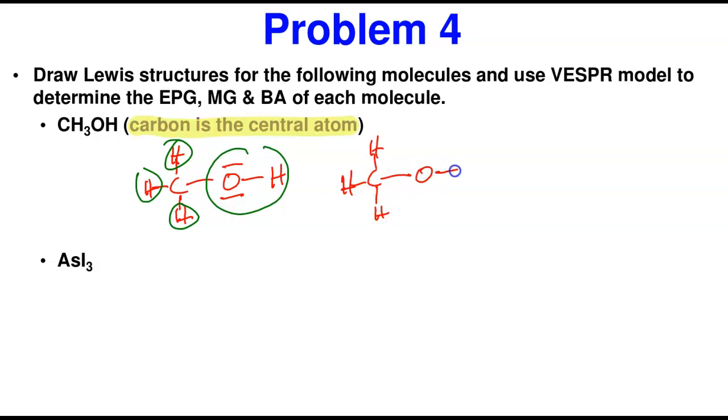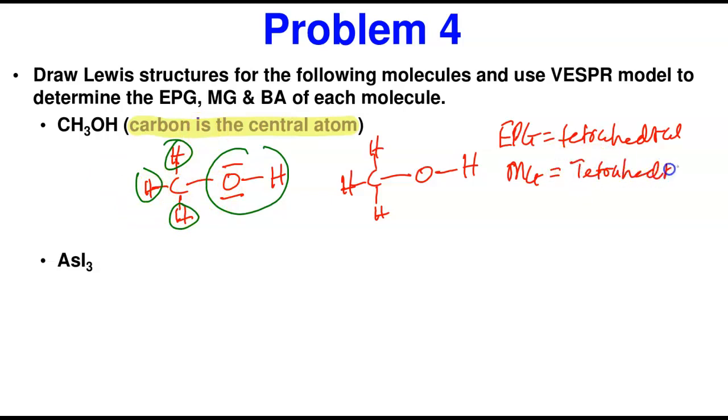There are 4 things attached to it. The molecular geometry, because there's no lone pair on this carbon, is going to still be tetrahedral. And finally, the bond angle, based upon the tetrahedral nature of the electron pair geometry, is going to be 109.5 degrees. That is how you draw this.